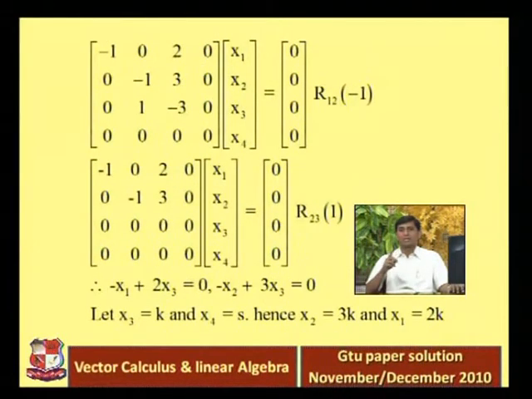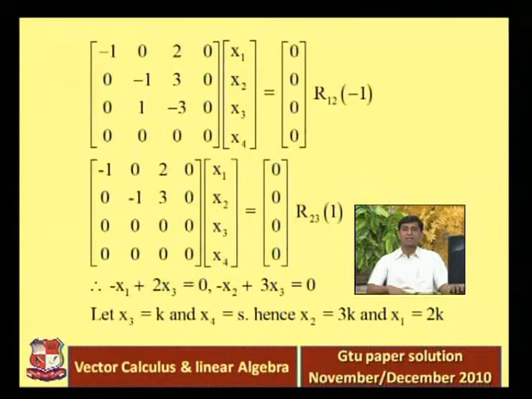And then just see the coefficients of s in all the coordinates, that is 0, 0, 0, 1. Okay, so these two are the eigenvectors corresponding to lambda is equal to 1.